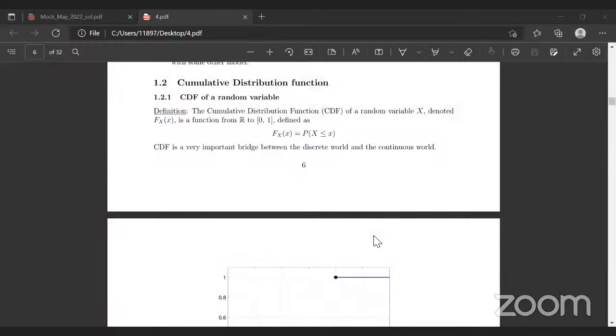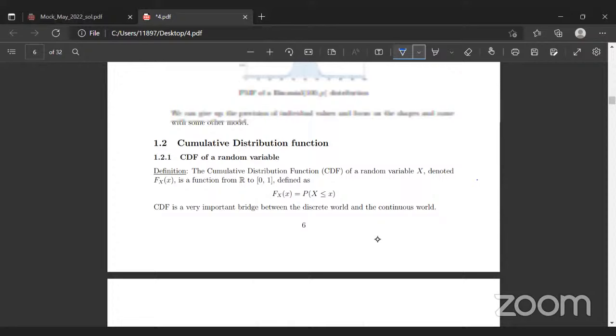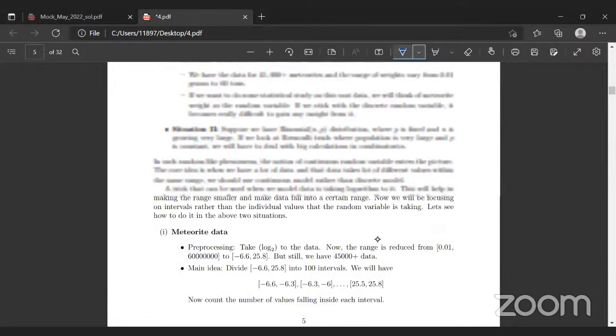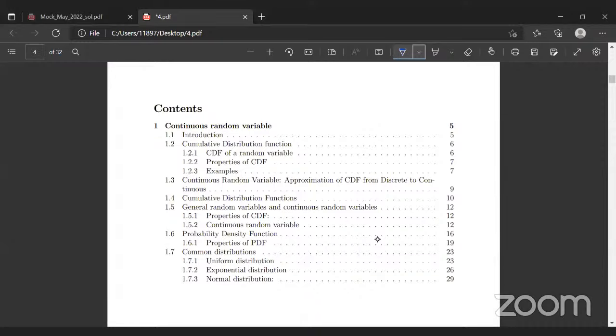Okay, so we'll start first with week 4 topics. In week 4, we have these topics that I have listed here.